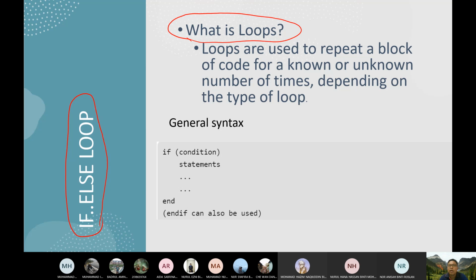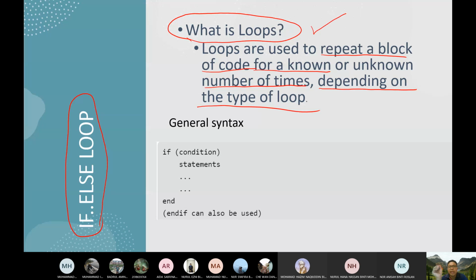It is useful if you want to perform a repetition of a block of commands or code a number of times, and that number of times will greatly depend on the loop's type. So let's say you have a certain computation that you want to repeat many times, then it is advisable to use a loop.